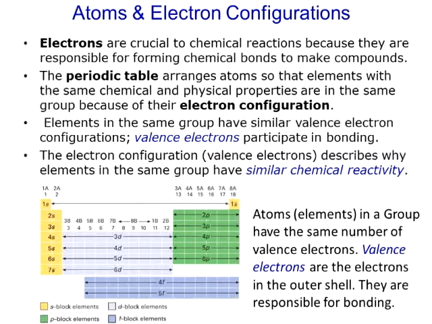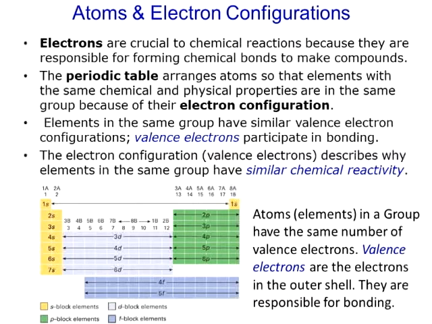The latter part of the electron configuration for atoms in a group will look almost the same, and that similarity is most pronounced when we talk about the concept of valence electrons. Elements in the same group have similar valence electron configurations.